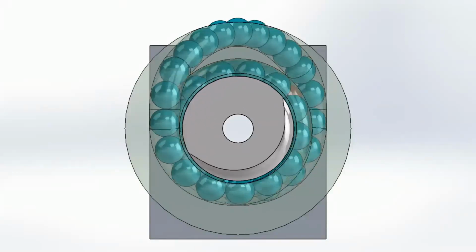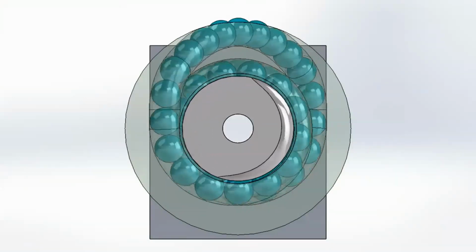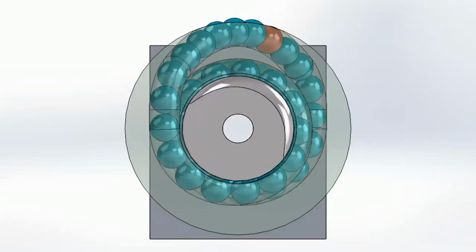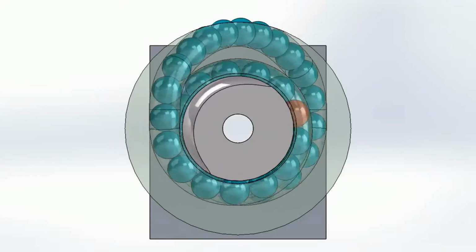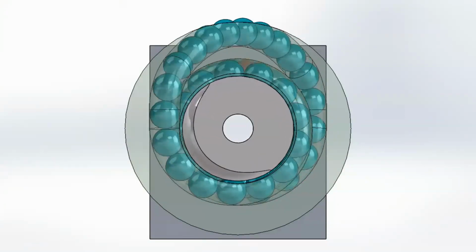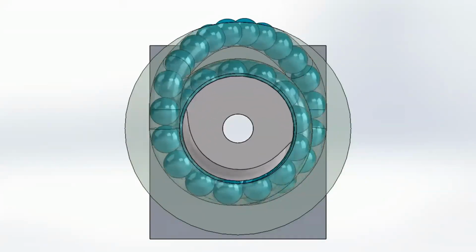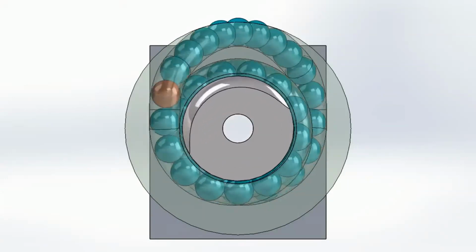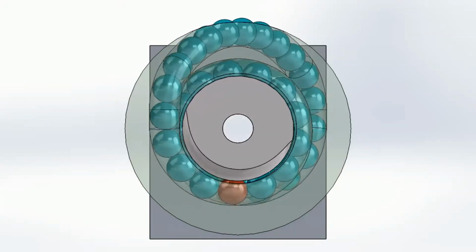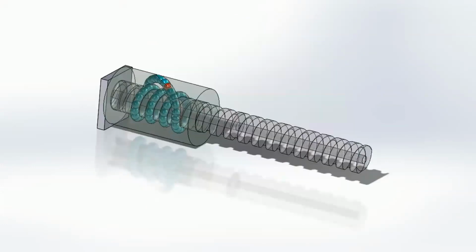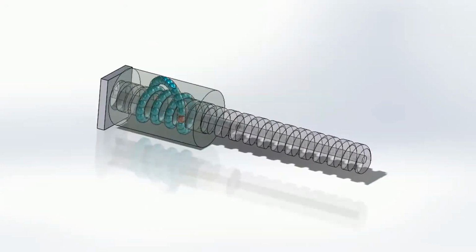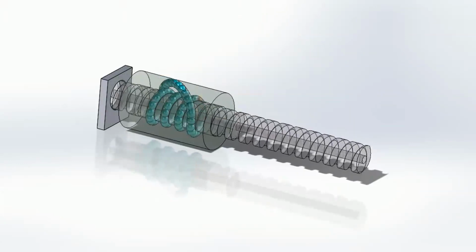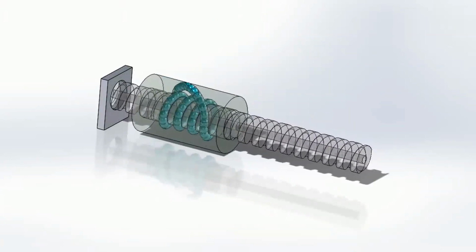How is a ball bearing different than a sleeve bearing or a bushing? What is minimized? Friction is minimized because there's a lot less contact, right? You've got almost point contact instead of surfaces rubbing against each other. So we reduce the friction a lot because of the ball bearings being used in there.